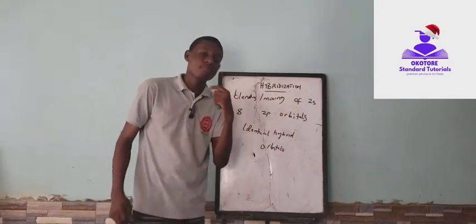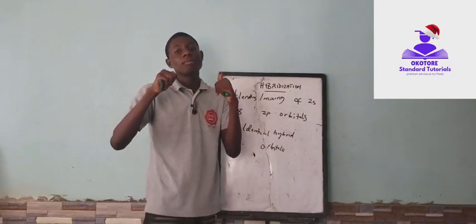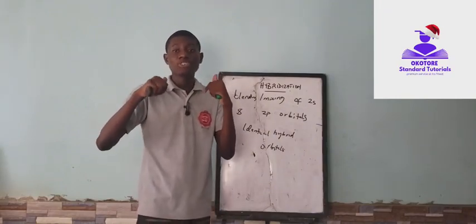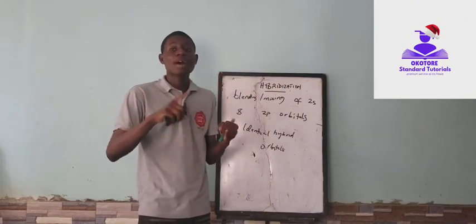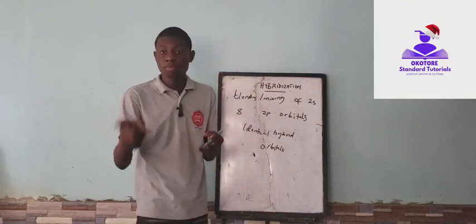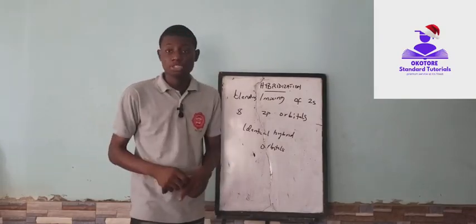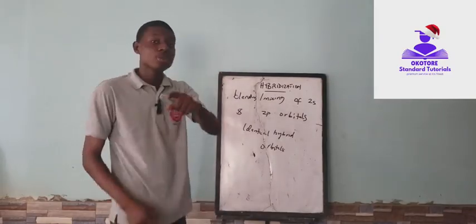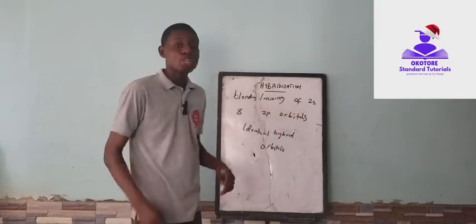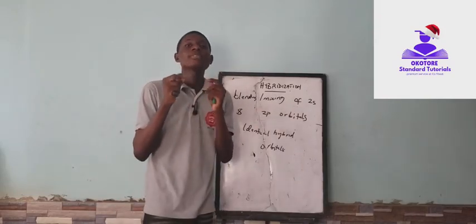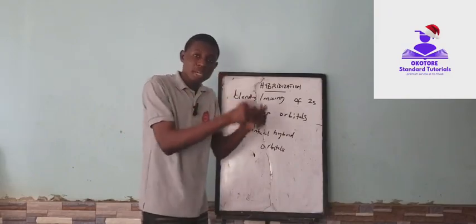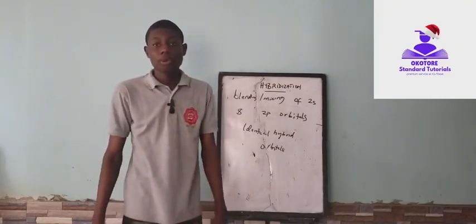If you recall from the SPDF orbitals under electronic configuration, we have 1s, 2s, 2p, 3s, 3p. That is where we got this 2s and 2p from. So the orbitals that have been mixed are 2s orbitals and what? 2p orbitals. Are we clear about that?